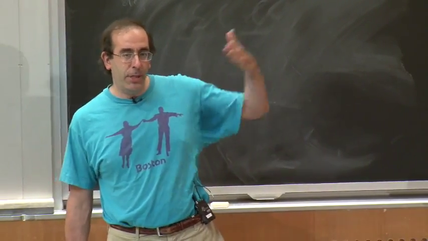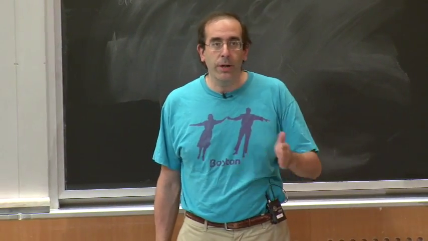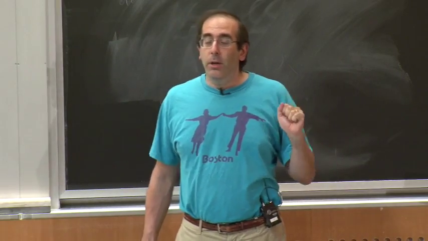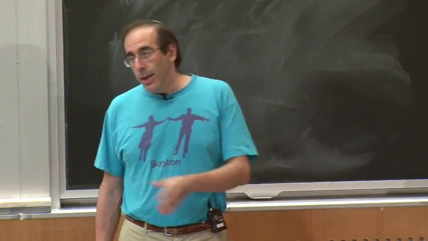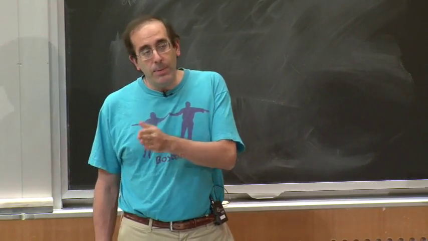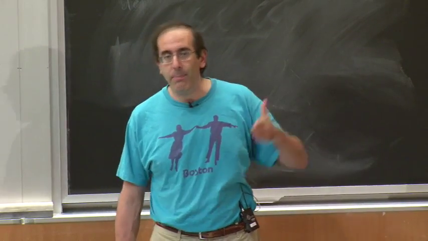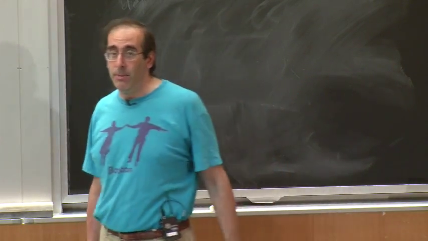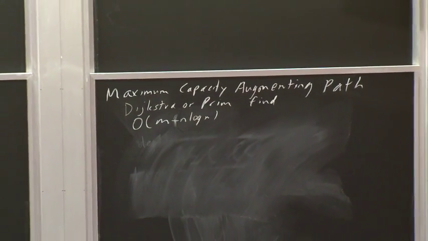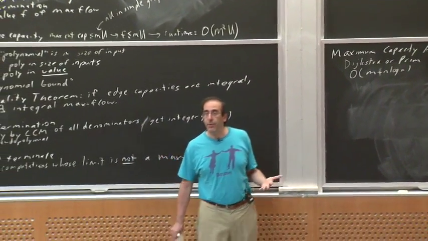There's this optimum, there's this maximum value, and we've been saying that the augmenting path takes us towards the maximum value. Well, if we want to argue that this algorithm is better, then the natural way to do that is to argue that these maximum augmenting paths take us towards the maximum value in big steps, right? That we make a lot of progress when we find a maximum augmenting path. So what we want is an argument that a maximum augmenting path, say, finds a substantial part of what remains to be found. Okay.